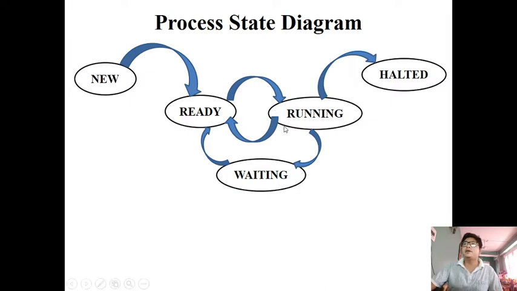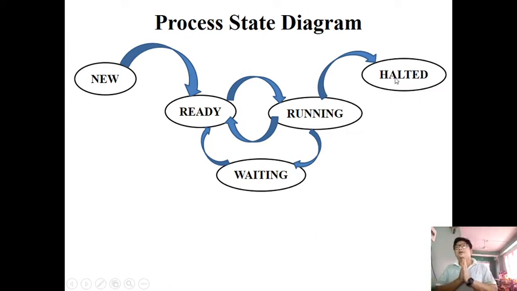At that time, the process will be shifted to the waiting state, and it will wait for the IO devices to get free. When it gets the IO devices, it will complete its IO and move back to the ready queue. Furthermore, the CPU will pick the same process from the ready queue when its turn comes and complete its execution in the running state. After completing every instruction, the process will be shifted to the halted state.